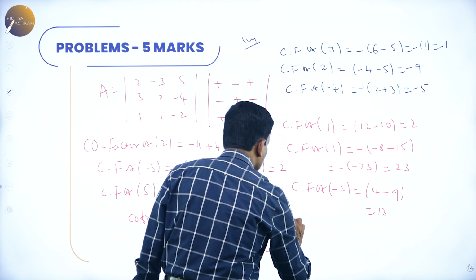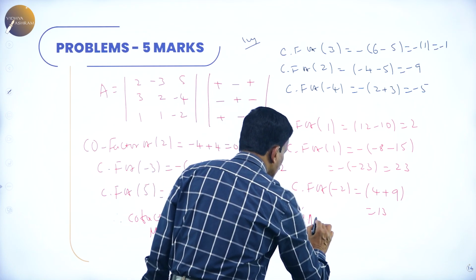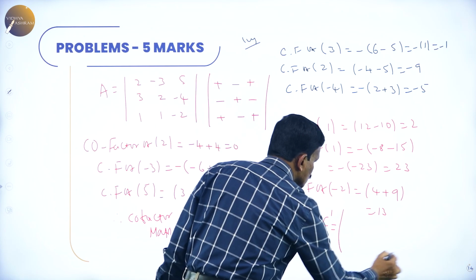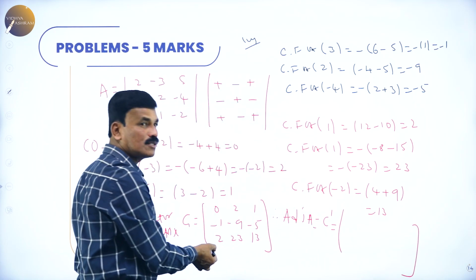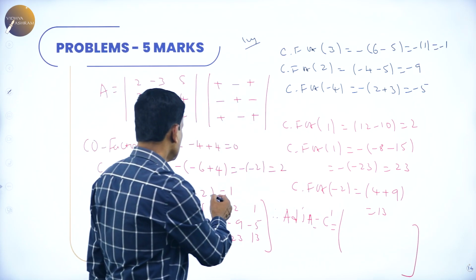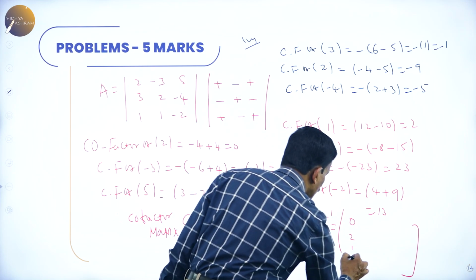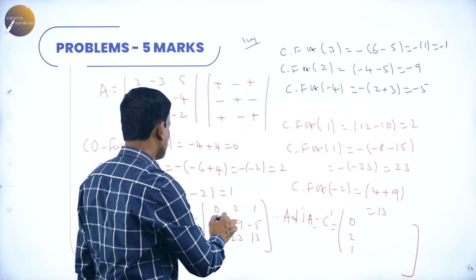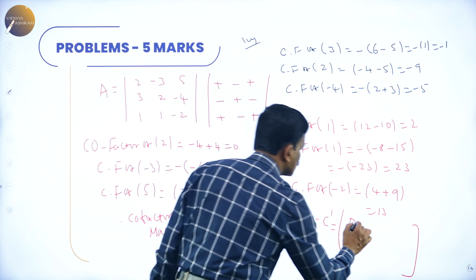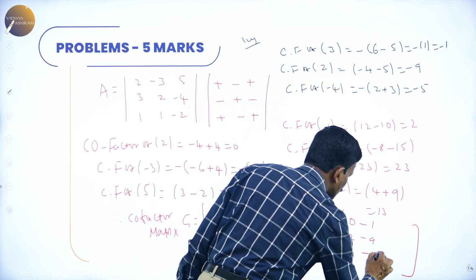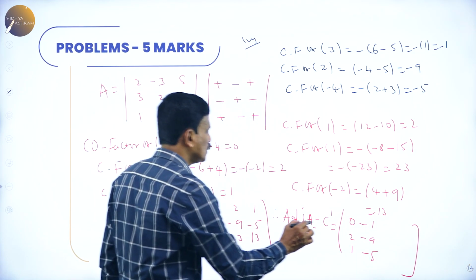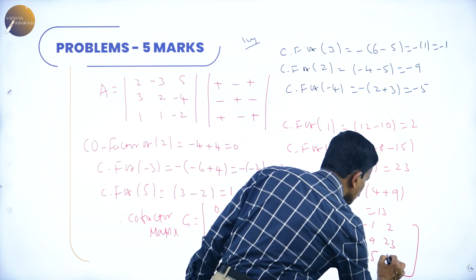Now therefore, the adjoint of A is equal to C dash, the transpose of the matrix. The transpose of this is called the adjoint, that is 0, 2, 1, first row becomes first column, minus 1, minus 9, minus 5, and 2, 23 and 13.